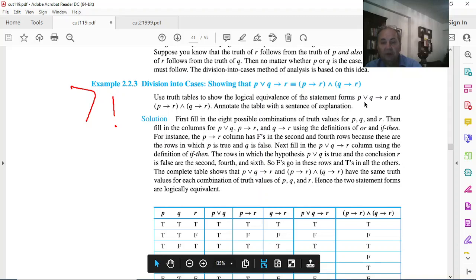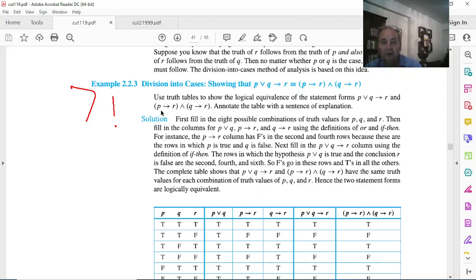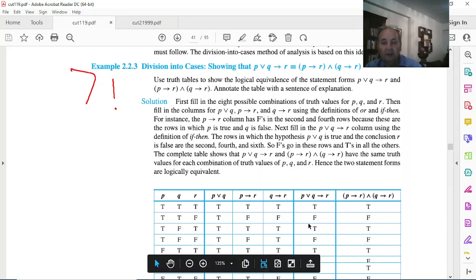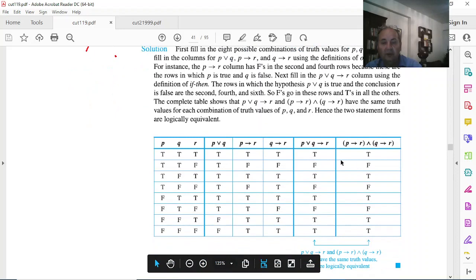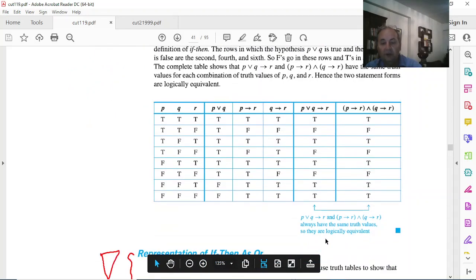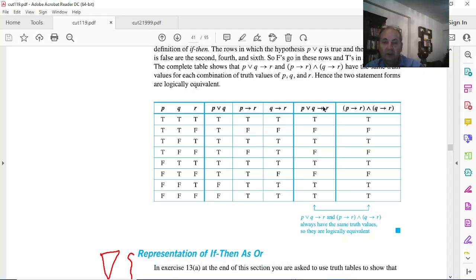This is P or Q, if then R. If P then R, and if Q then R, conjoined by the conjunction and, are the same. You see, these true, false, false are exactly the same column, and this is logically equivalent. In the reverse way, this could be a reduction, or this is the way of extension.